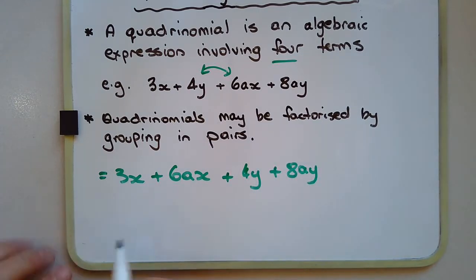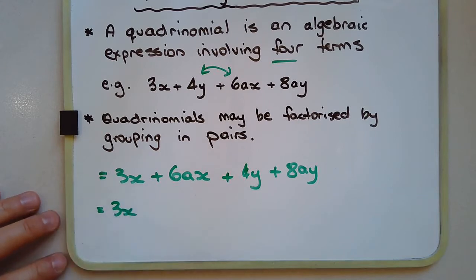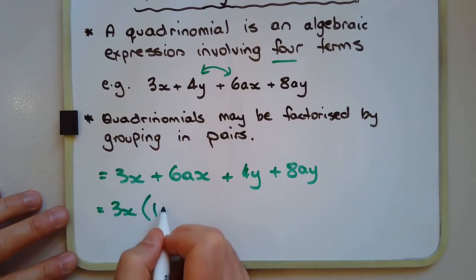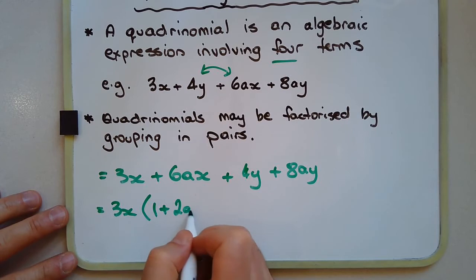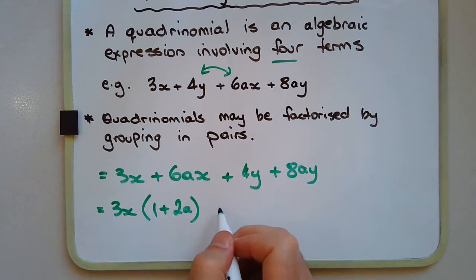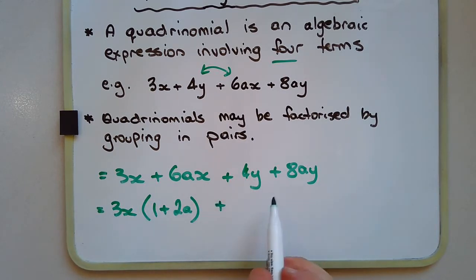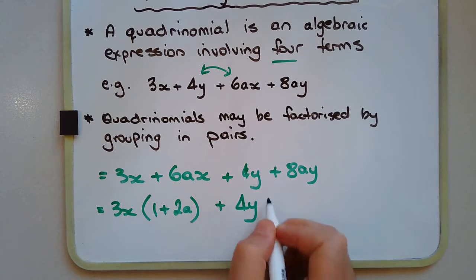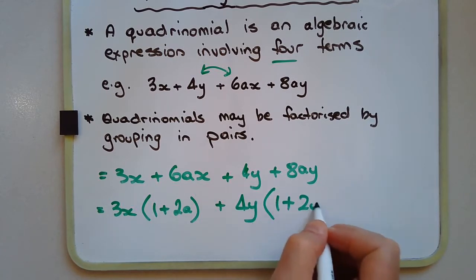The first two terms now, I think it's fairly obvious what you can factorize out. In fact, you can factorize out 3x, couldn't you? And then you end up with 1 plus 2a. The second two terms, we can in fact factorize out 4y, couldn't we? And you end up with 1 plus 2a.